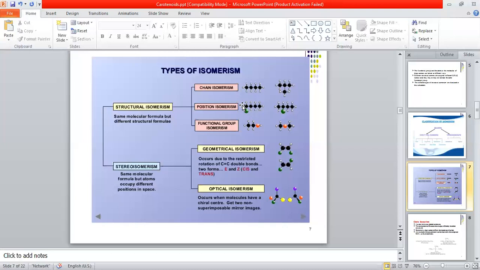Similarly here also hydrogen is 9. But the difference is in the chlorine atom. Here the chlorine atom is found at position number 1, while in this one the chlorine atom is found at position number 2. Here 1 and here 2.